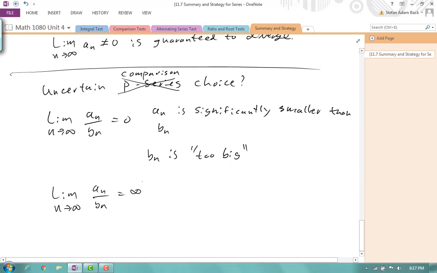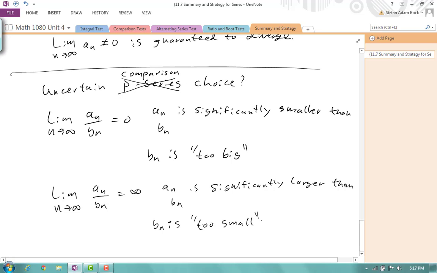Likewise, if the limit as n goes to infinity of a sub n over b sub n is infinite, that means a sub n is much larger. Or it means that b sub n is too small.